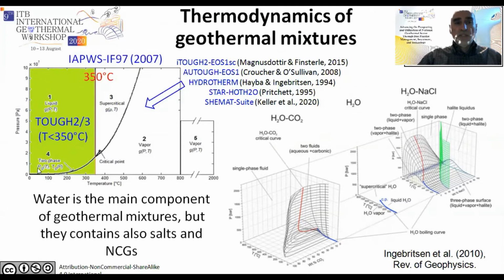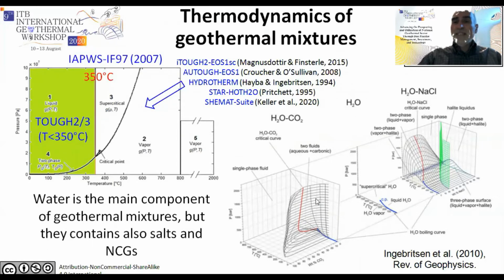This is a pressure and temperature diagram in which the only physical boundary is the saturation curve of water, while the regions labeled 1, 2, 3, 4, 5 are regions for different correlations, different equations. In the subcritical simulation, usually we go up to 350 degrees C, which is the boundary of the liquid region with a supercritical one. There are already other codes able to simulate supercritical conditions.